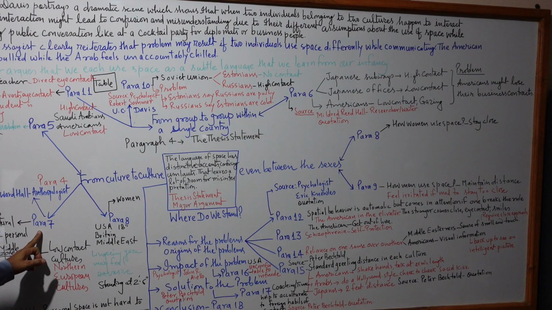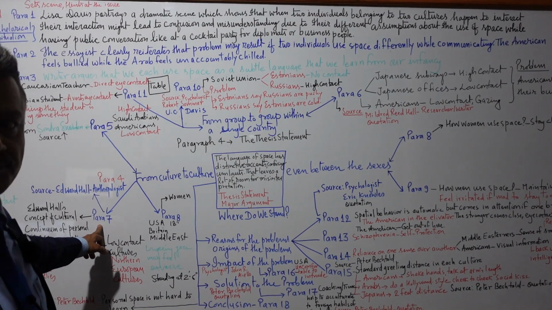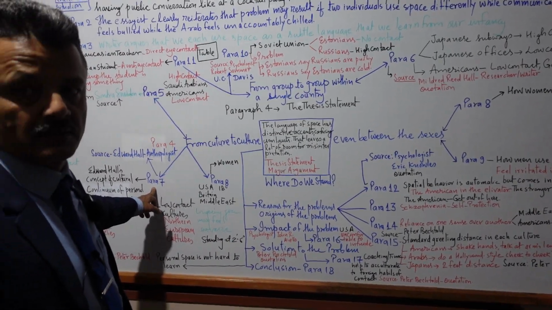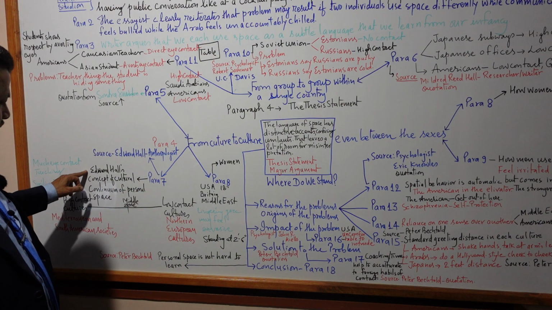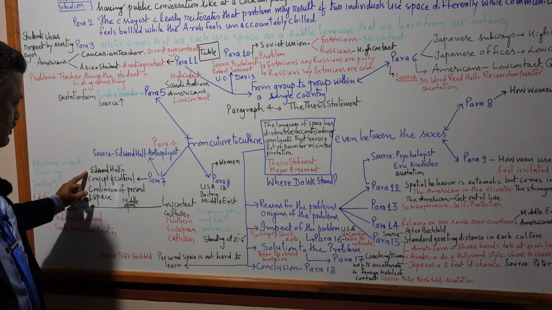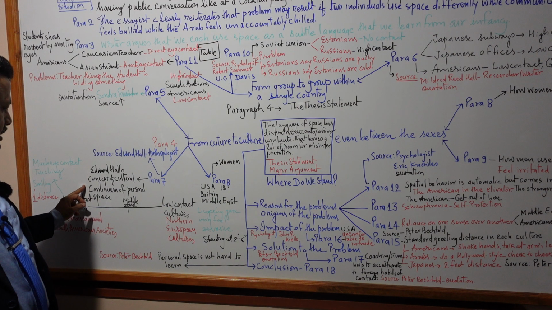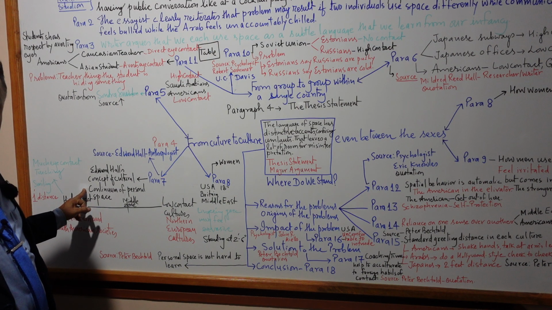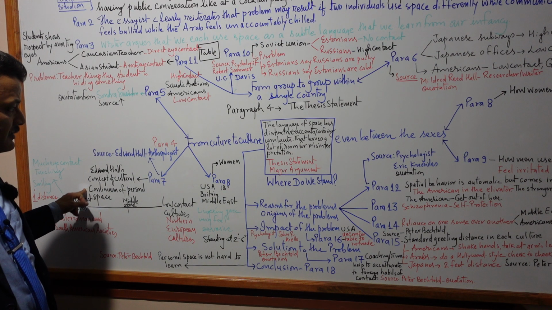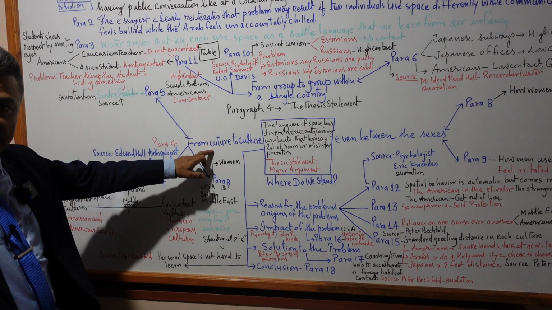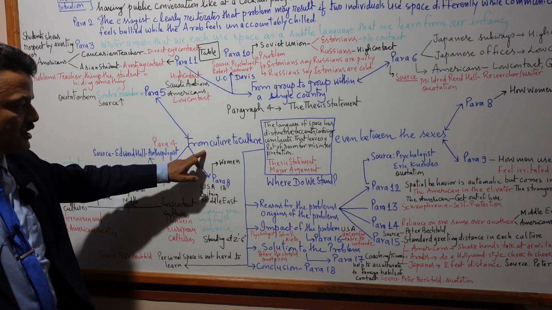So in paragraph 7, as you can see, we have the example of Edward Hall's concept of cultural continuum. And this example of Edward Hall's concept of cultural continuum supports the idea that the use of space differs from culture to culture.